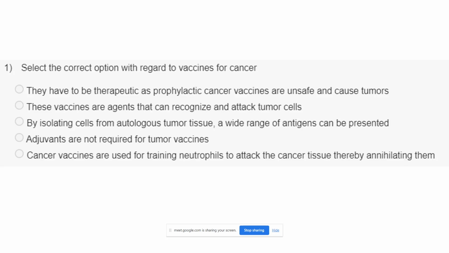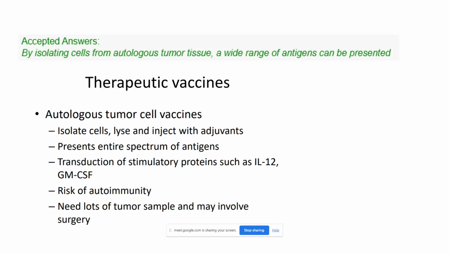Yes, the correct answer would be the third option. The first option says they have to be therapeutic as prophylactic vaccines are unsafe and cause tumors. That is not the case. Both therapeutic and prophylactic cancer vaccines exist. The third one is based on therapeutic vaccines using autologous tumor cell vaccines, wherein they isolate cells, lyse, and inject with adjuvants.